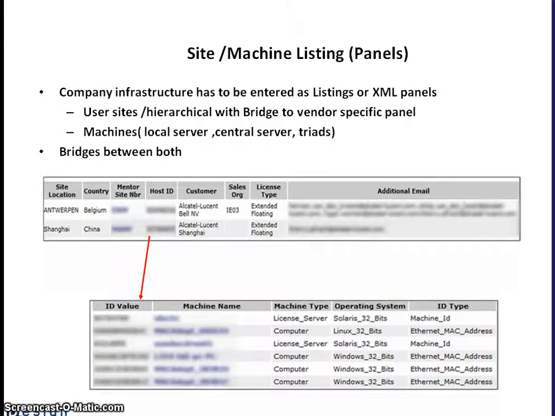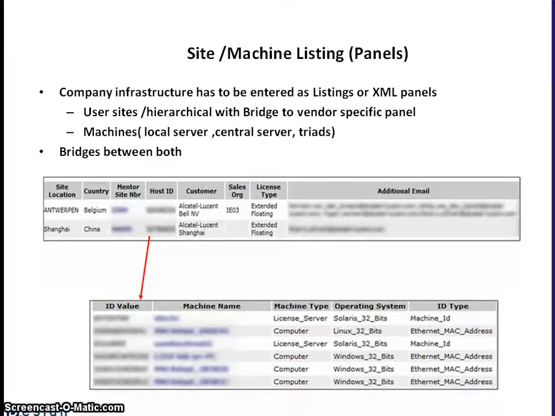The other problem is, of course, that these companies have geographical sites, but within each site, they handle different vendors. So you need, in fact, something hierarchical. You have a site in a place, you see here Antwerp in Belgium, but after that, you have a vendor site number, and you have information related to this vendor.